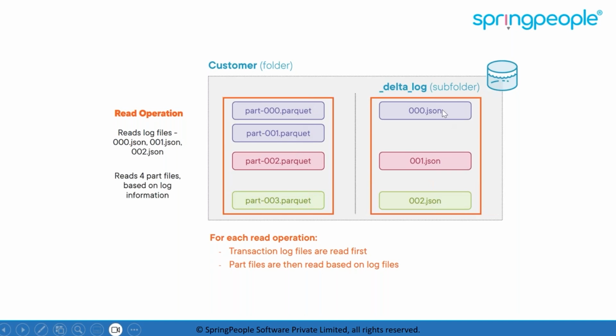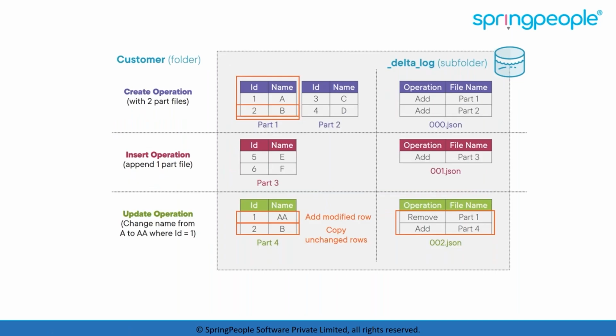It reads this other file. Okay, so first the transaction log files are read. Based upon the information present in the transaction log file, it will identify what changes have been made to this customer folder, and it then reads the data from the customer folder, the main files here. So this is how the read and write operations happen in the Delta format.